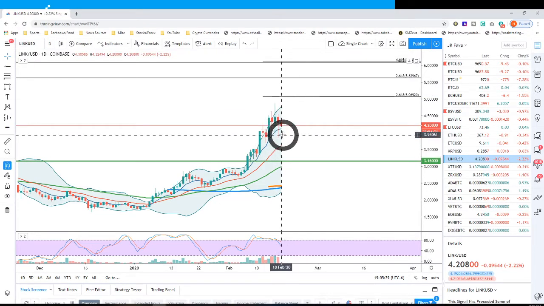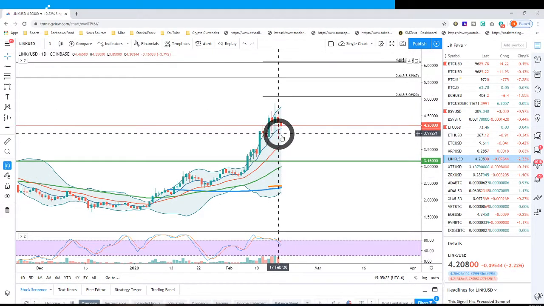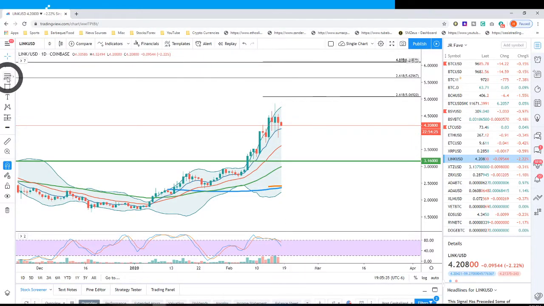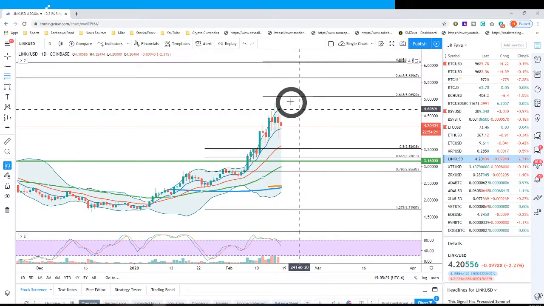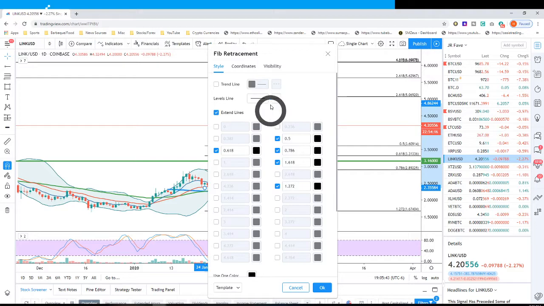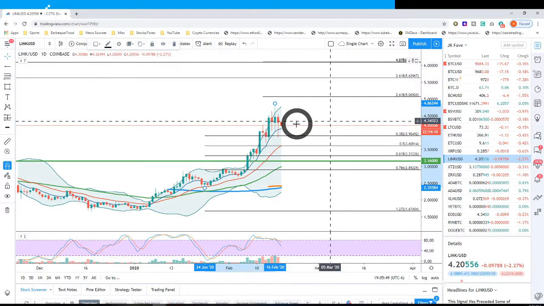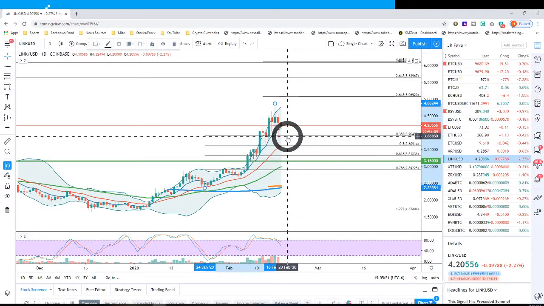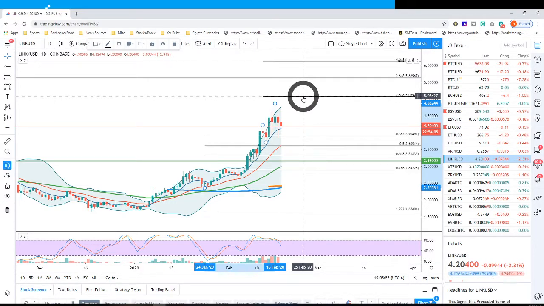I thought that might have been a symmetry move, but it's this little area down in here. Let's just see what we got. Let's draw it from down here, the most recent one. Oh, there we go. And I'm wondering if that's a 38.2. Yep, so a 38.2 retracement's where it held. If it holds that, possibly a move over $5.